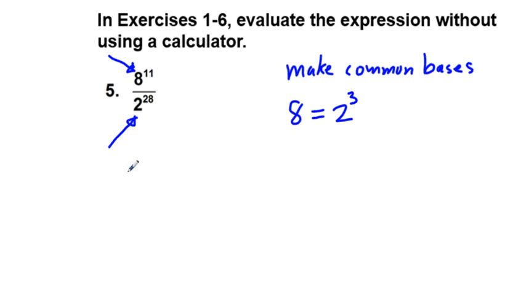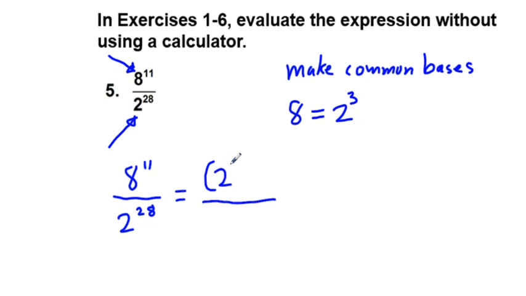So let's rewrite our expression here. If we have 8 to the power of 11 over 2 to the power of 28, we can replace 8 with 2 to the power of 3, and then we can put 11 on the outside. So all we've done is replace 8 in parentheses with 2 to the power of 3.